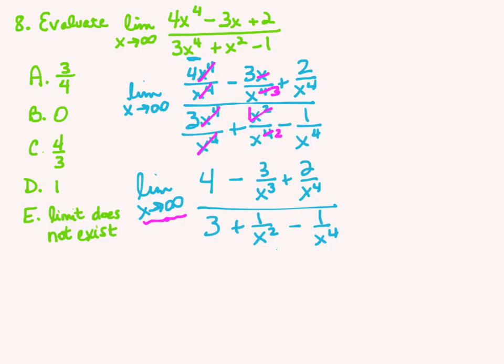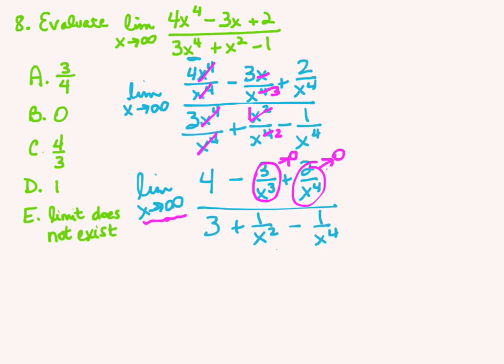Well, if I consider 2 over x to the 4th, if x is going to infinity, that means my denominator is infinitely large, and so that fraction is getting infinitely small, infinitely close to 0. This is going to 0. Same thing is happening with 3 over x to the 3rd.